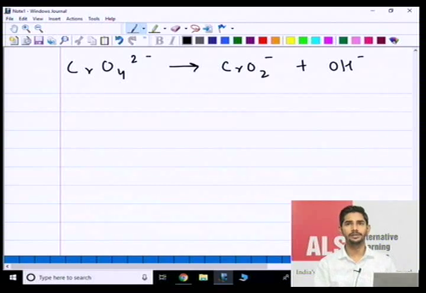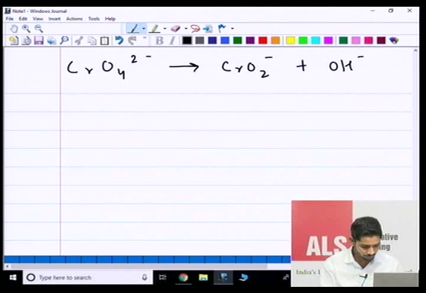You can go option wise and check which option suits the best among the four. That will be your answer. You have to go option wise for solving the questions based on balancing.